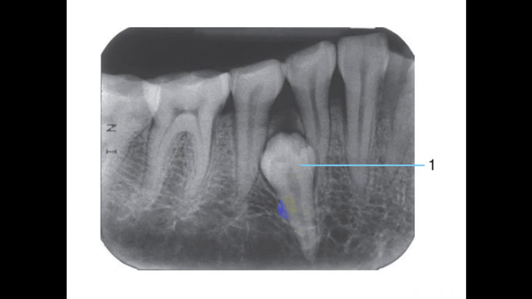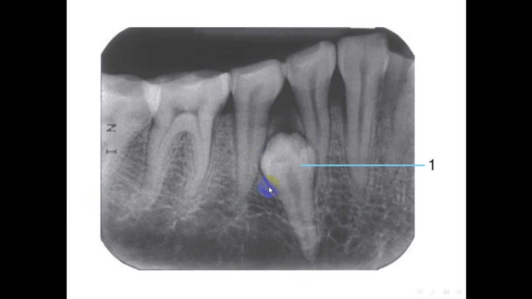Here there is a supernumerary because this is the canine, 4, 5, 6, 7, and this is the supernumerary, and it is also impacted. A supernumerary is an additional number of teeth and is named according to its location.